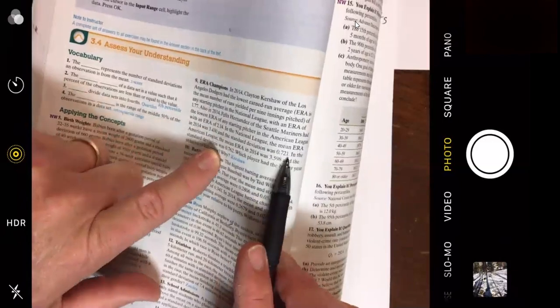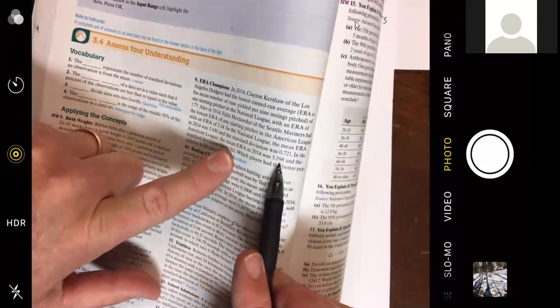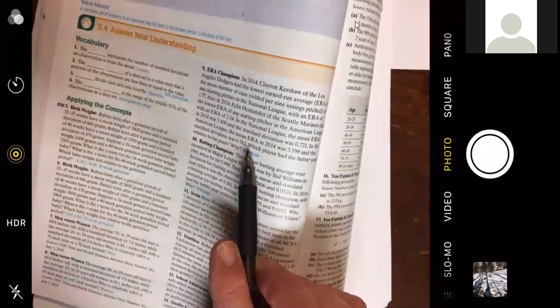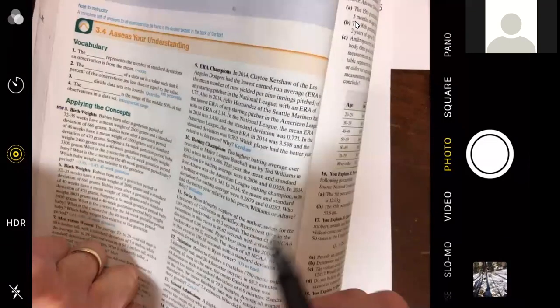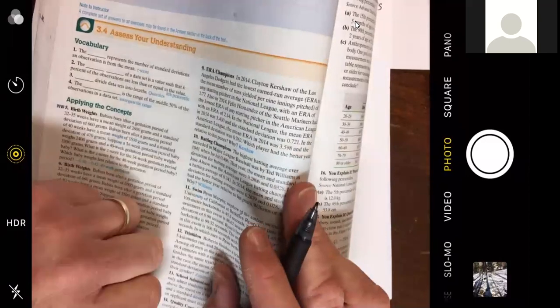In the American League, mean ERA was 3.598, standard deviation 0.762. Who had the better year relative to his peers? This is supposed to be similar to the baby problem that I showed in the video. I'll write the numbers down for each of these people, and then it's plug and chug into the Z-score formula.